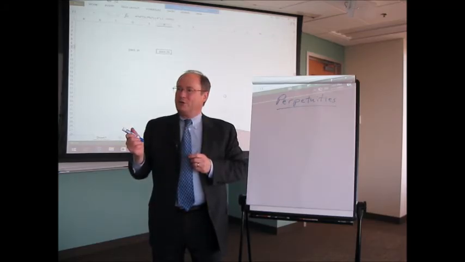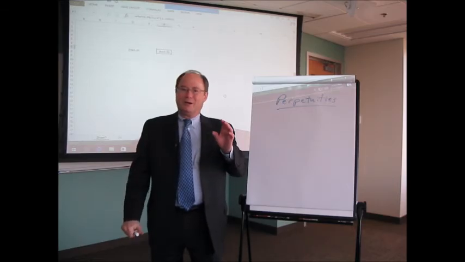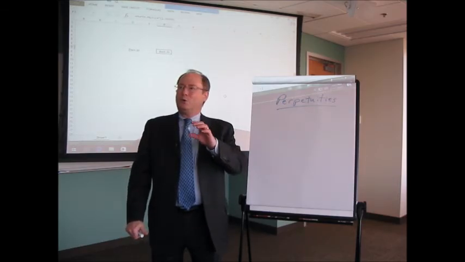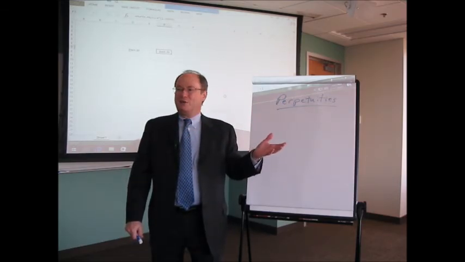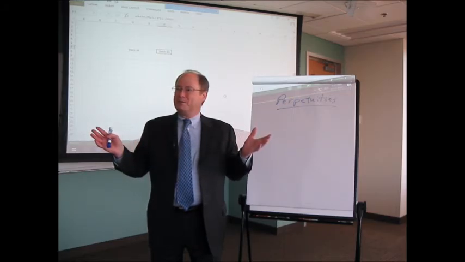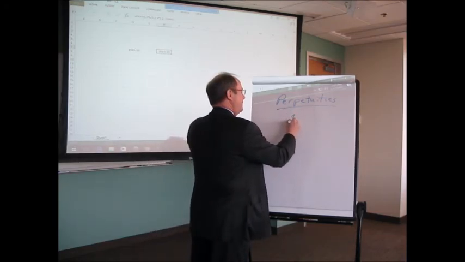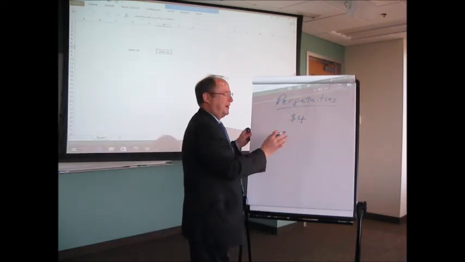They're not popular in the U.S., but they are popular in Europe. And it's not unusual for them to say, okay, you'll receive a coupon on this bond. Say the bond was paying $4 a year. You will receive $4 a year forever.